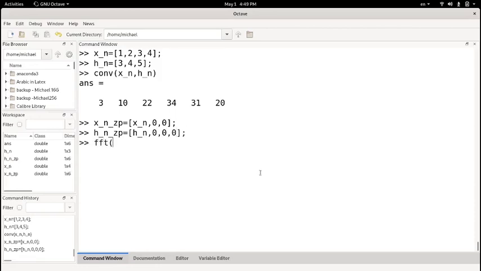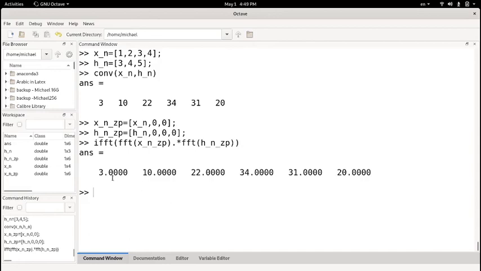Now, if I do FFT of xn zero padded multiplied by FFT of hn zero padded, and then do IFFT, I'm simply applying the flow chart we have just seen. I did zero padding, FFT, FFT, IFFT. We'll be getting exactly the same result: 3, 10, 22, 34, 31, and 20. So this flow chart simply says to do zero padding such that the new length is L plus M minus 1, and then do FFT and then IFFT and you're done.